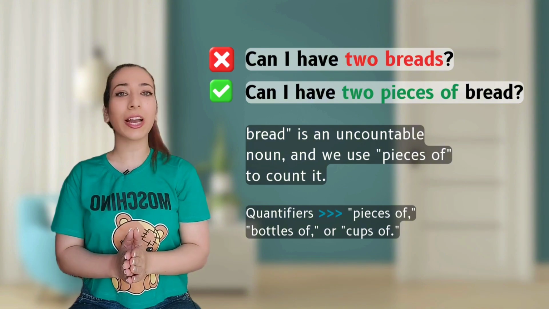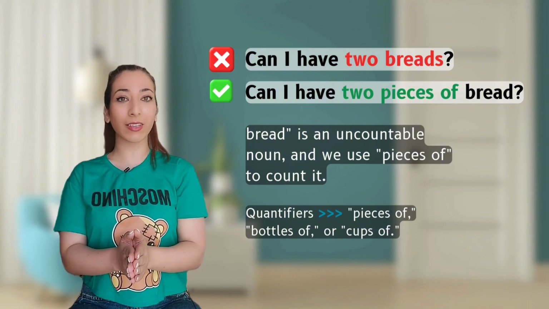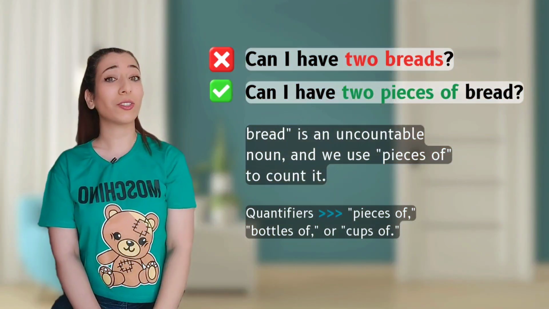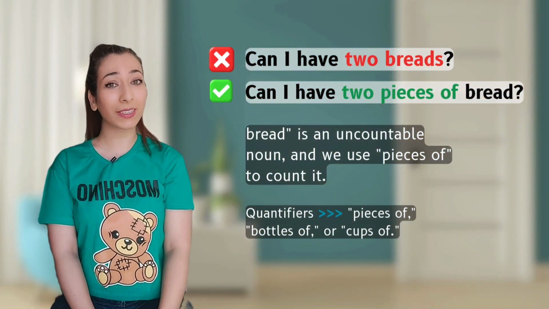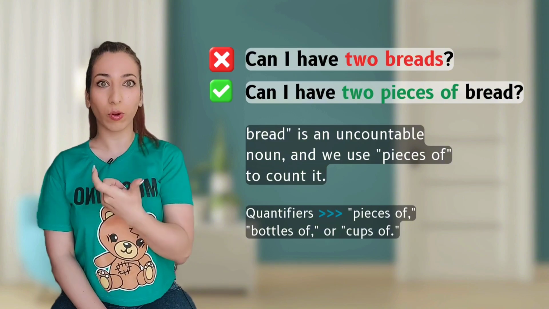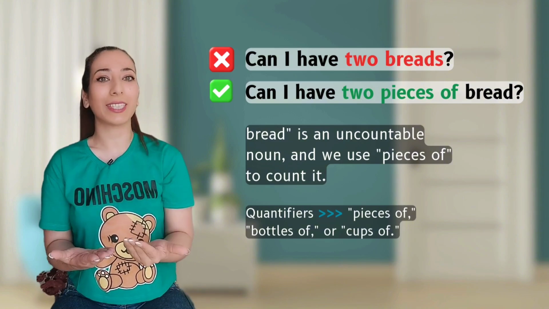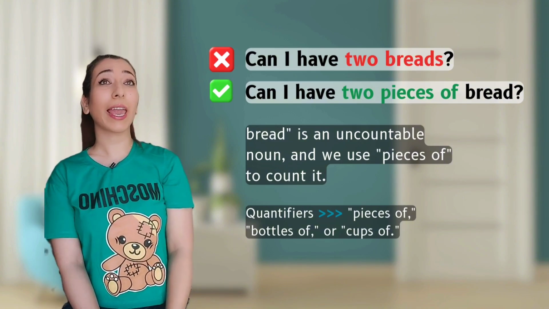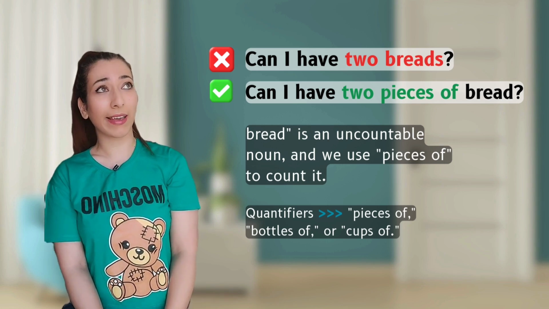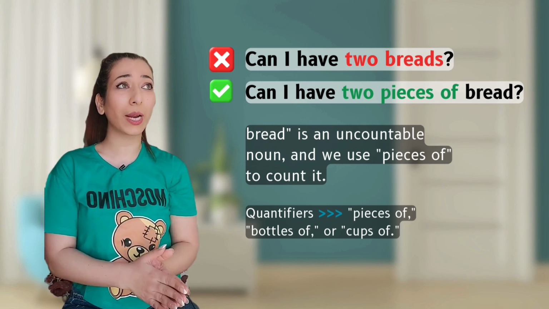Uncountable nouns are not used with the articles a or an or numbers. Since bread is an uncountable noun, we use pieces of, like a quantifier, to count it. Can I have a piece of bread? Is correct. Can I have 2 pieces of bread? Is also correct.